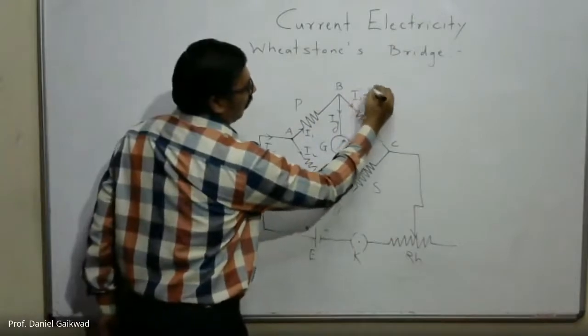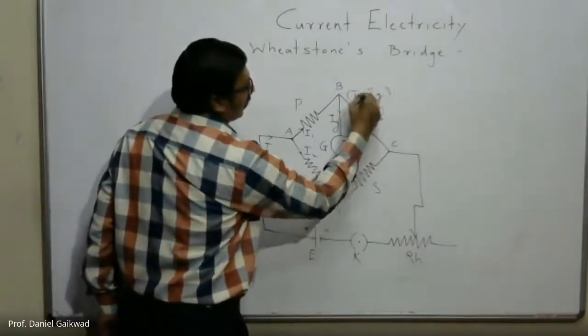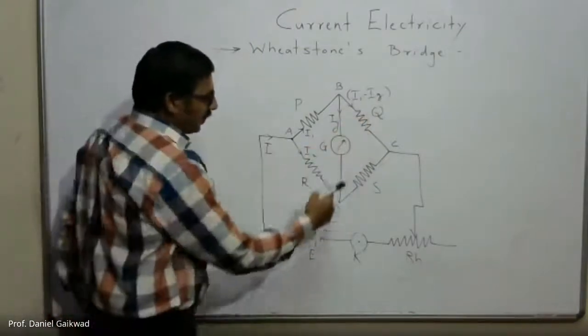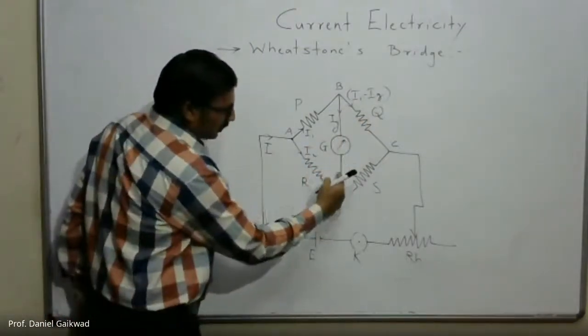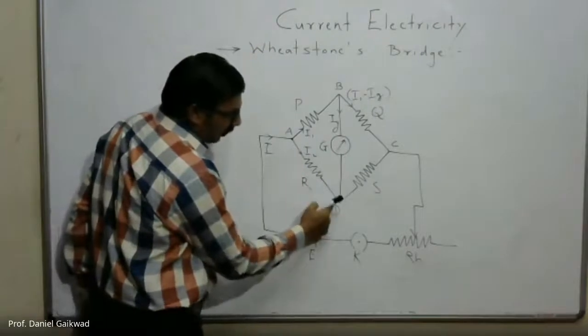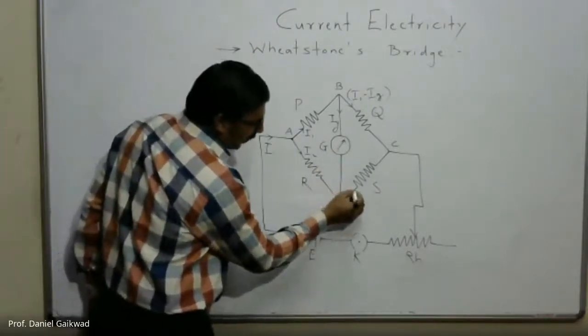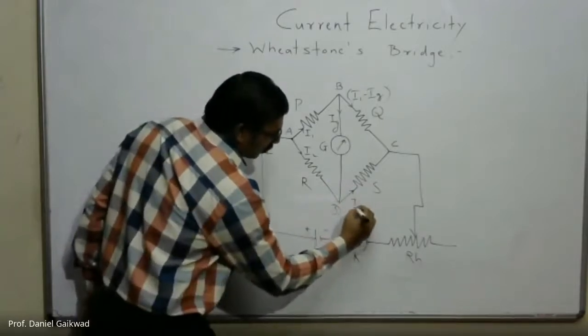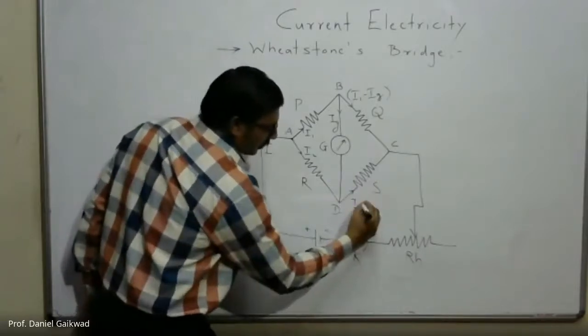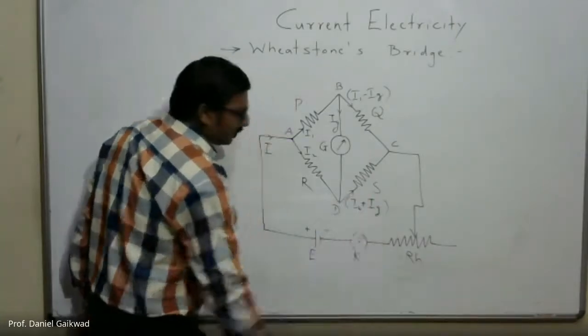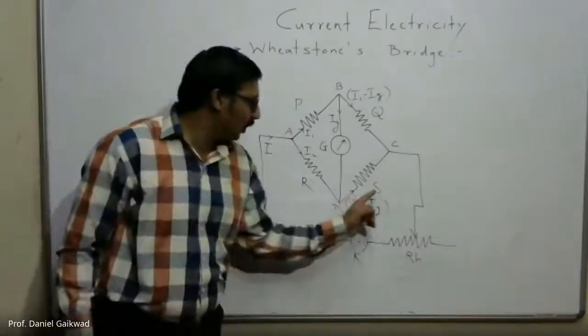So I1 minus Ig is the current flowing through resistor Q, while Ig flows in this direction and I2 flows in this direction. The addition of Ig and I2, I2 plus Ig, is the current that flows through resistor S.